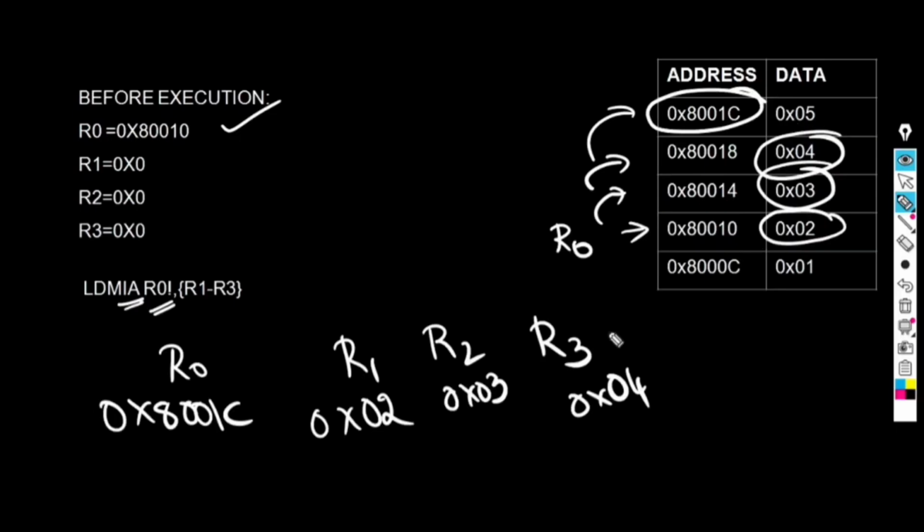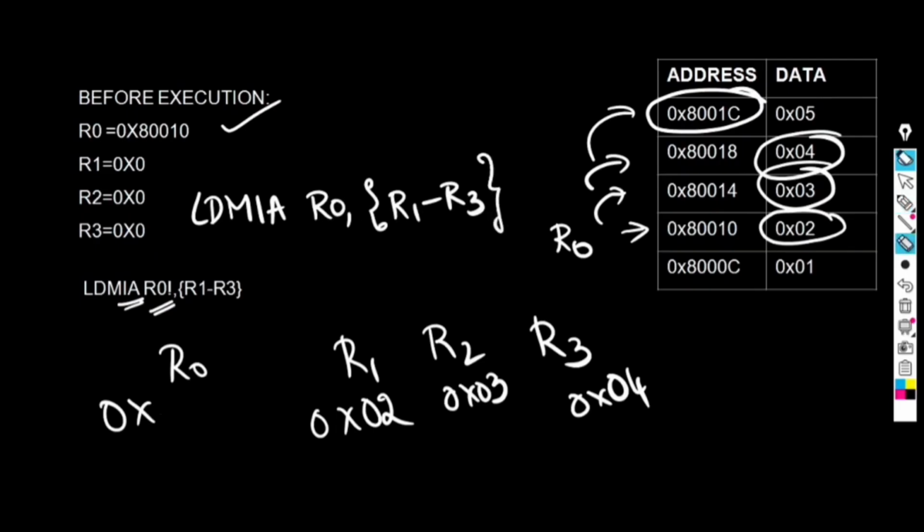These are the different values stored in registers R0, R1, R2, R3 after this particular operation. If there was a slight modification in the instruction, then what would have happened? R0 would remain the same.